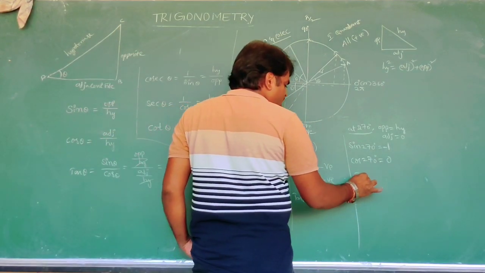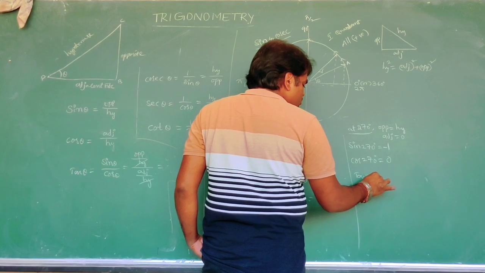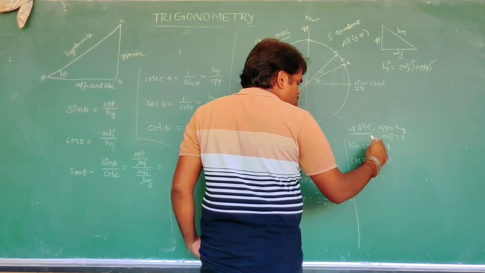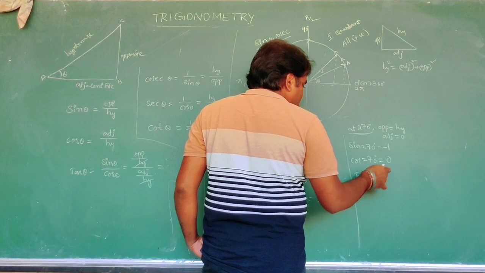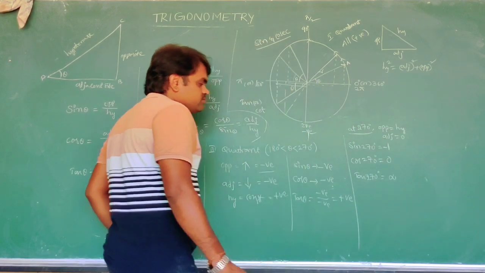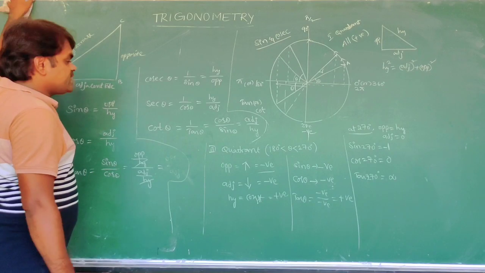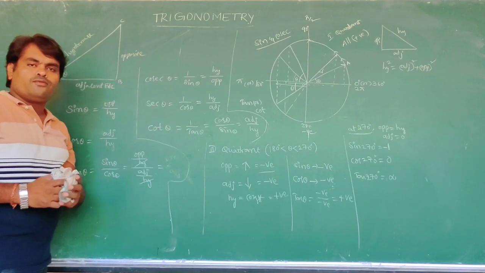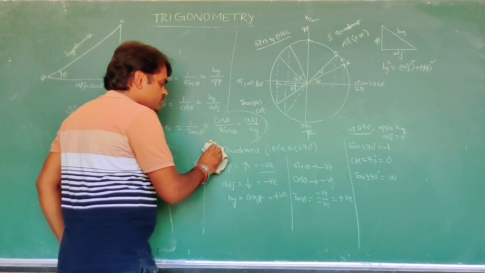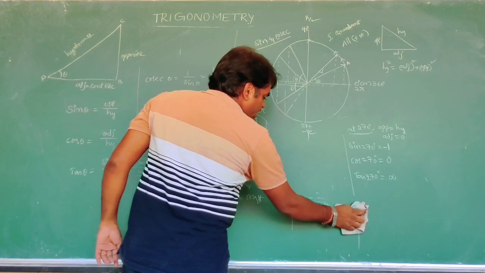Now, tan 270 is infinite, undefined. Now, we are going to discuss the fourth quadrant.